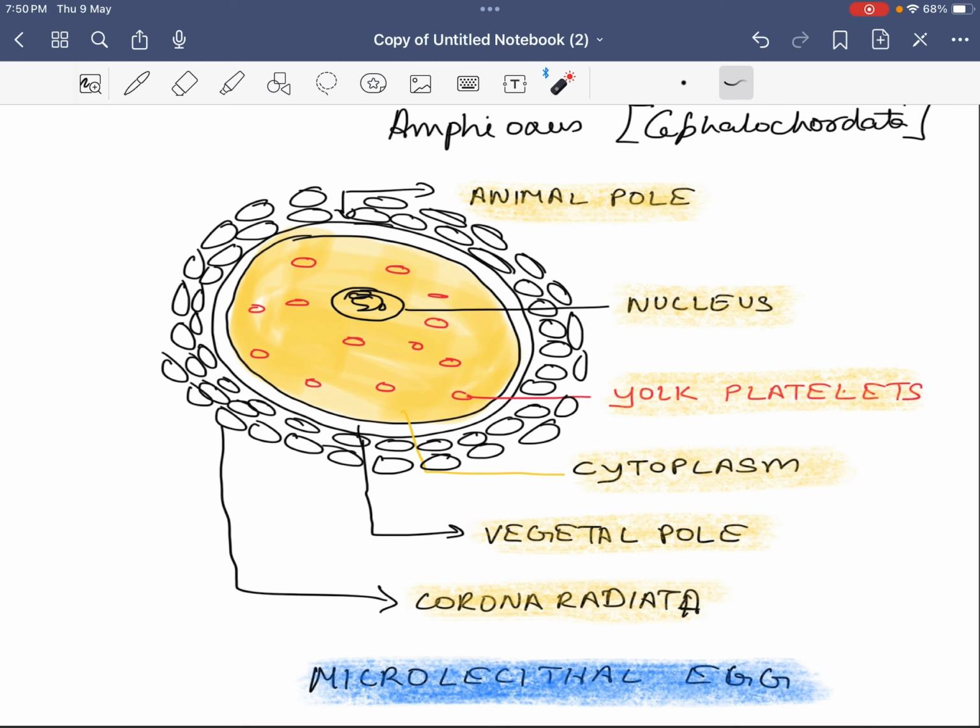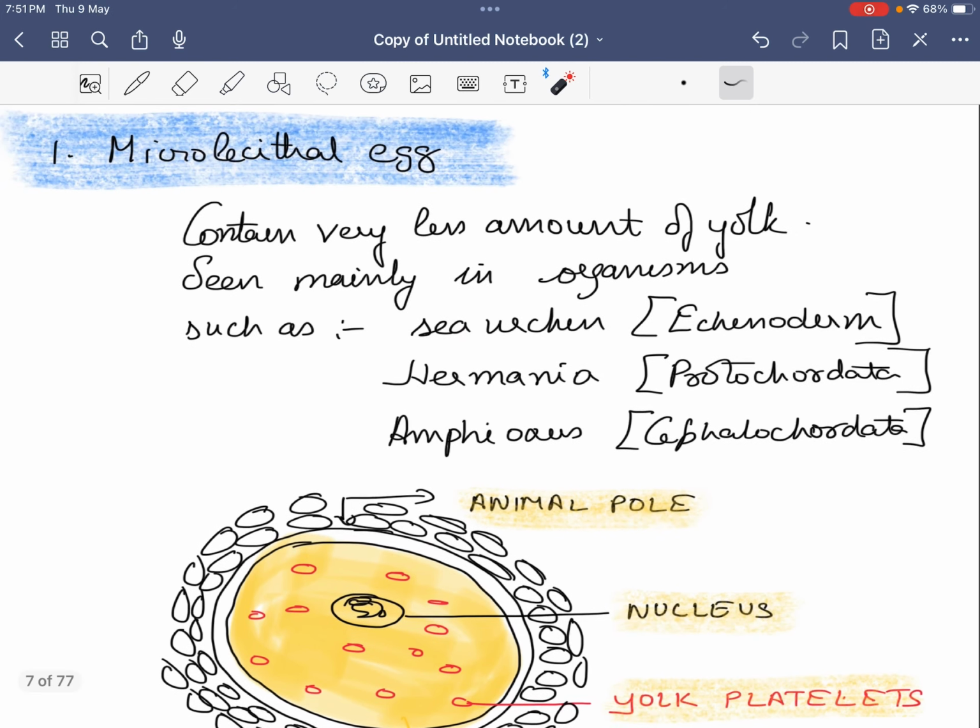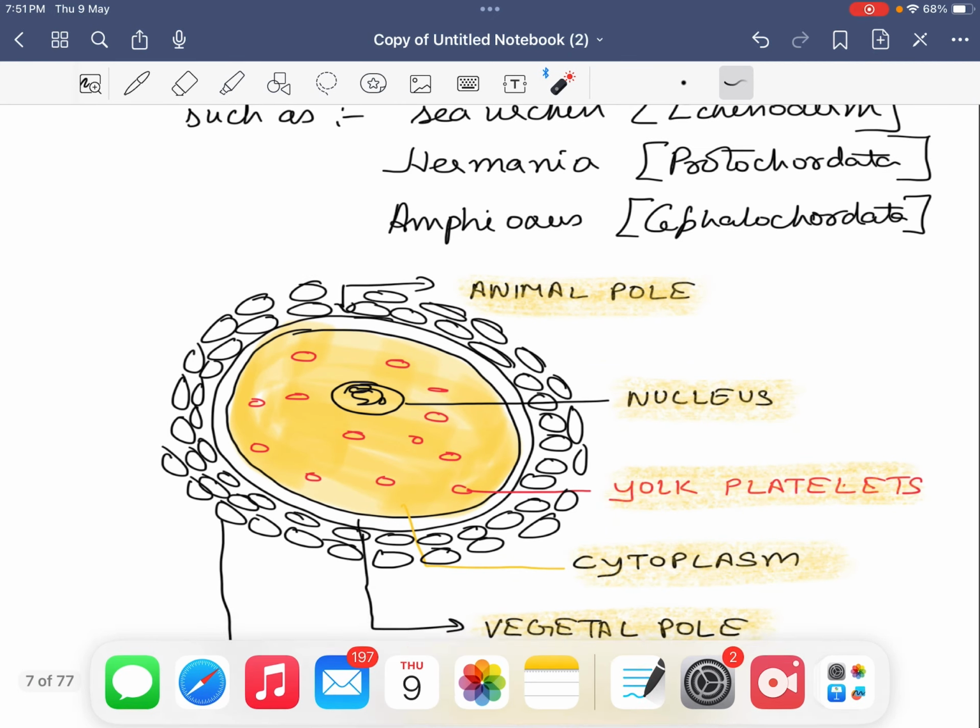In microlecithal, this cytoplasm has a scattering of which one? Yes, the yolk platelets. And hope you remember the examples: sea urchin of Echinodermata, Herdmania of Protochordata, and Amphioxus of the Cephalochordata have microlecithal eggs.